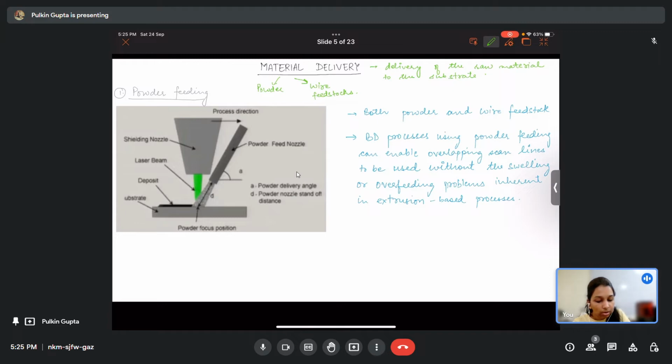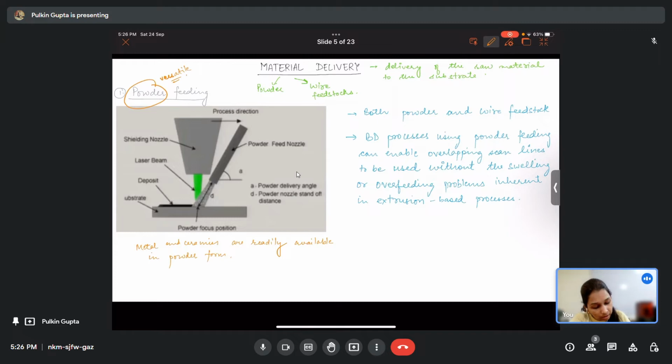So this powder feeding system or powder feedstock, this is the most versatile one, as both metal and ceramics are readily available in powder form. Okay, both of them are available in the powder form.